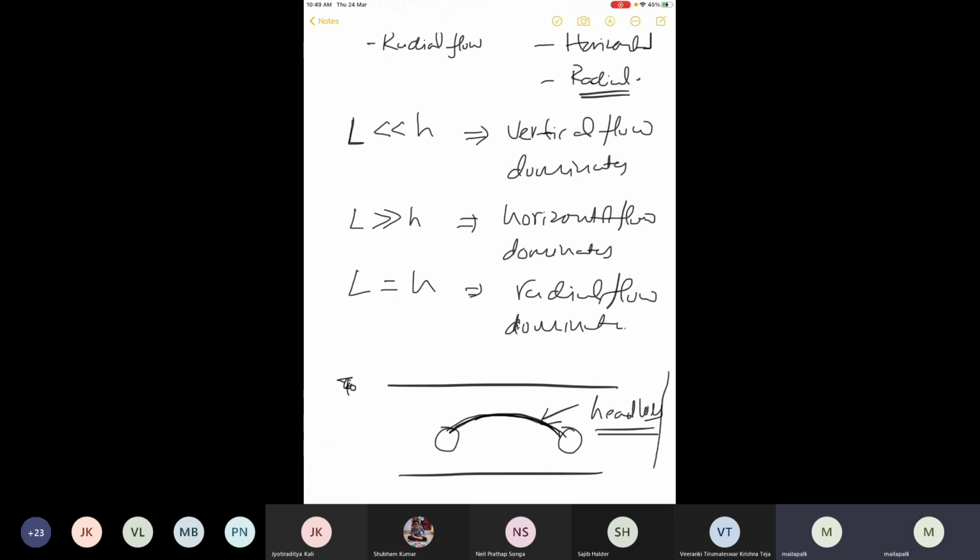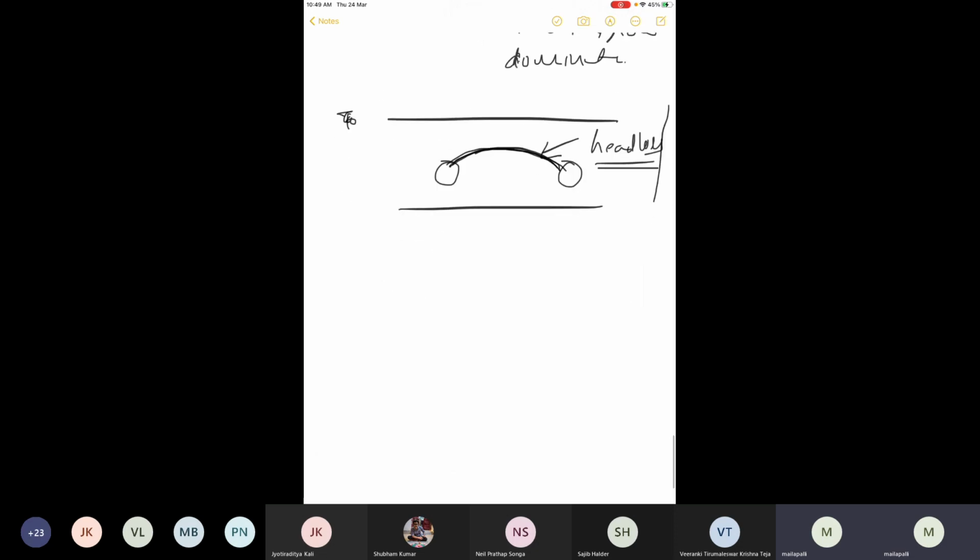If this is the x direction and this is h, x and h, so from here to here you get all the h's, and that depends on the head loss. The total head loss h will be a combination of vertical head loss, horizontal head loss, radial head loss, and there is another one, entrance loss.